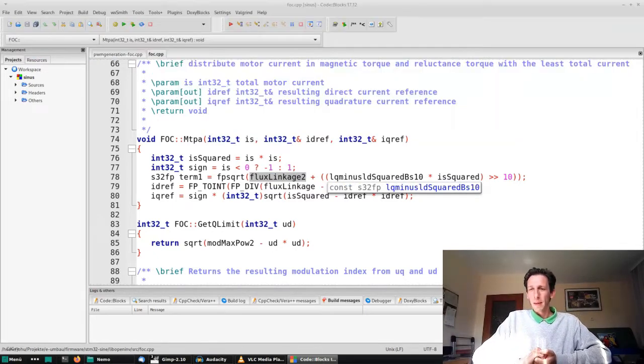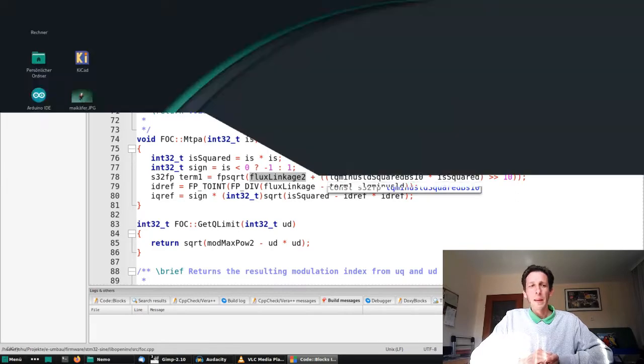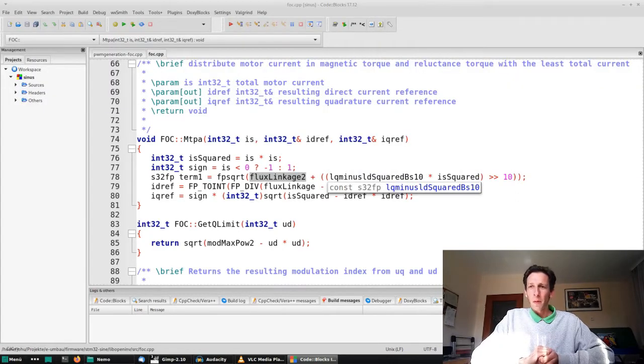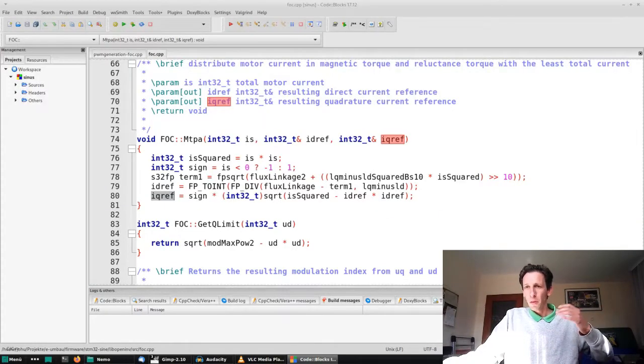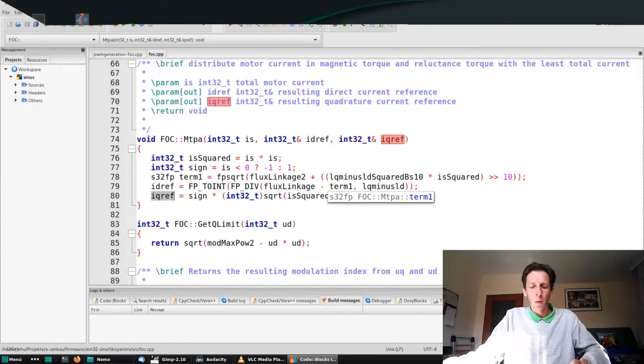What I did is I took some very typical parameters, I think from a previous synchronous motor, and put them into an OpenOffice calc sheet. And then I varied these parameters and looked how much this distribution would change. And it turns out it's not so much, so I thought I'll just stick with those parameters and just assume they won't vary too much between different motors.